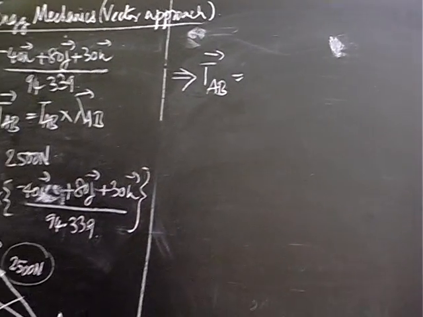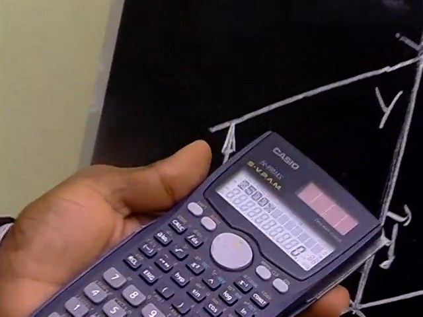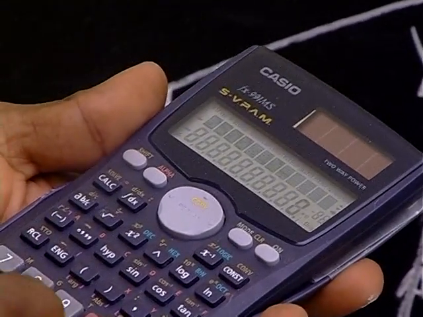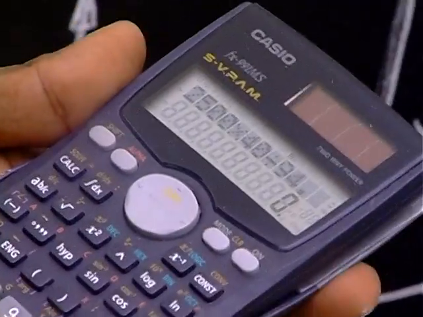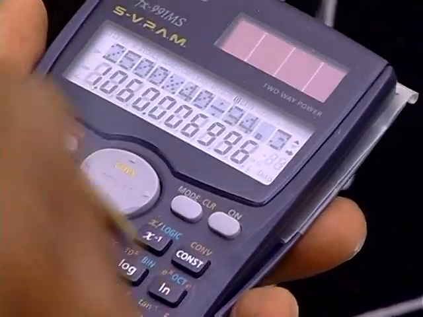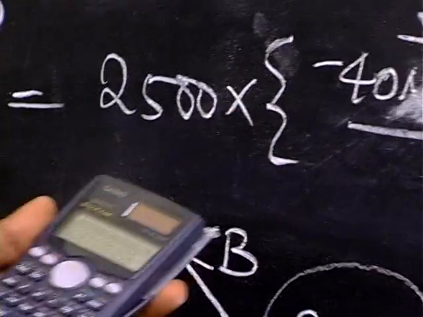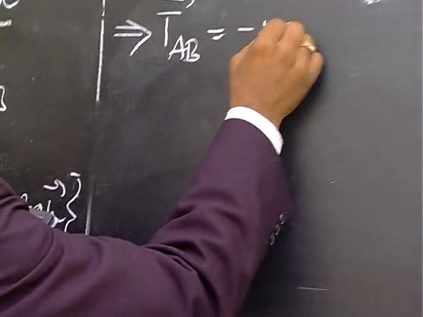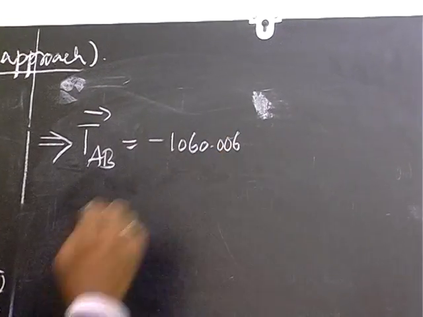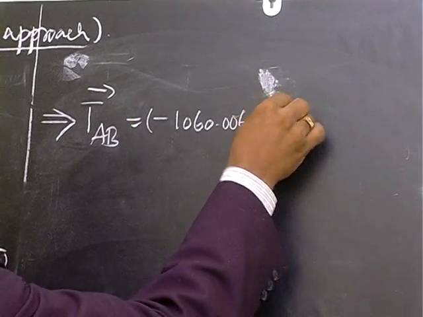So this implies a simple calculation would do, that is TAB vector is equal to, the first value is nothing but 2500, the force value, multiplied by 40 divided by 94.339. So this is the value which is 1060.006. The sense is negative, so therefore we can write this as 1060.006 Newton I vector.